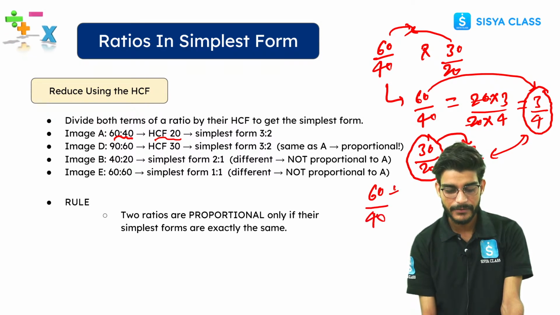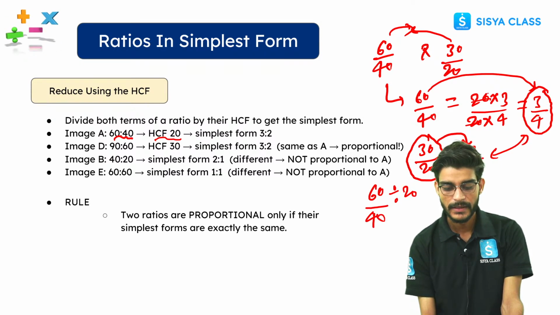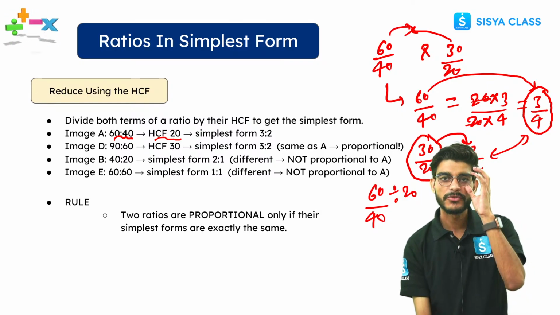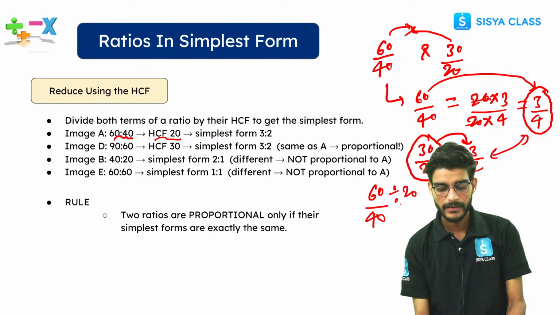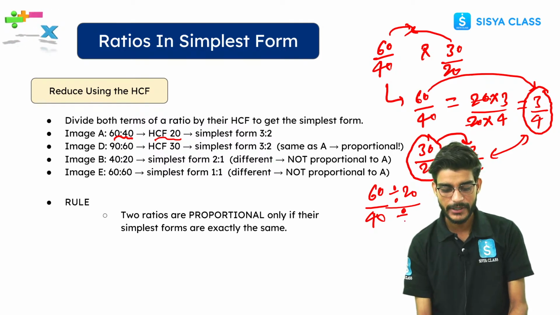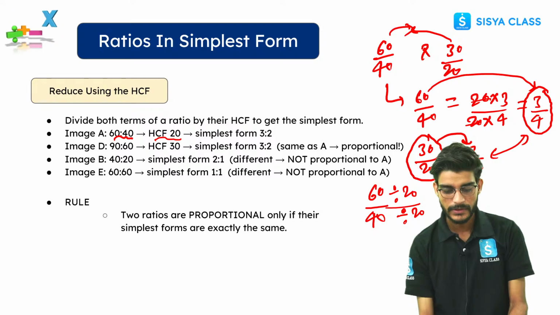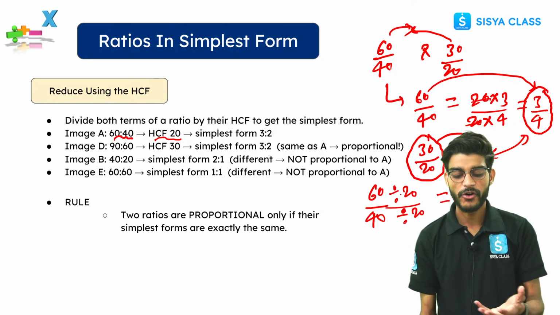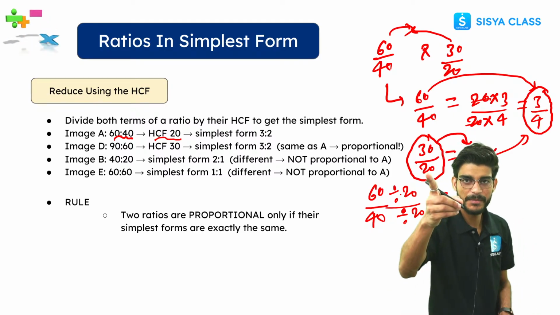If you divide by 20 directly, that 20 was the highest common factor, so you have to cut it. So 3:2. The simplest form of 60 upon 40 is 3 upon 2. This is what you have to remember.